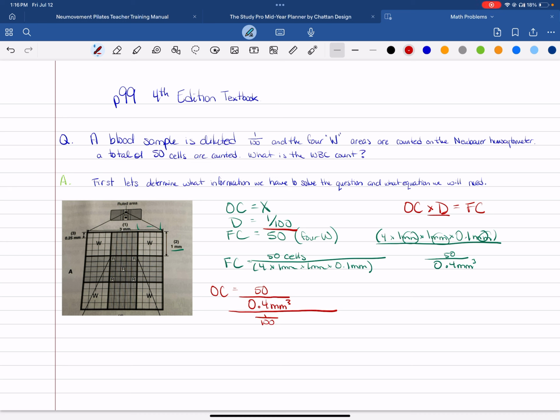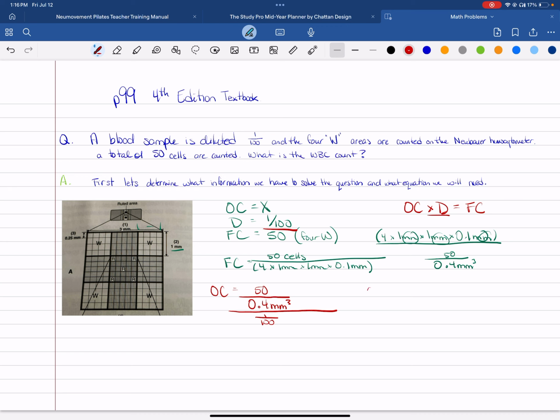If you remember when dealing with fractions, when we divide by a fraction, we switch the numerator and denominator of the one we're dividing by. So 50 over 0.4 divided by 1 over 100 becomes 50 over 0.4 multiplied by 100 over 1.